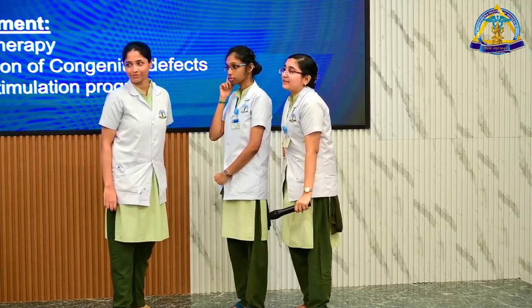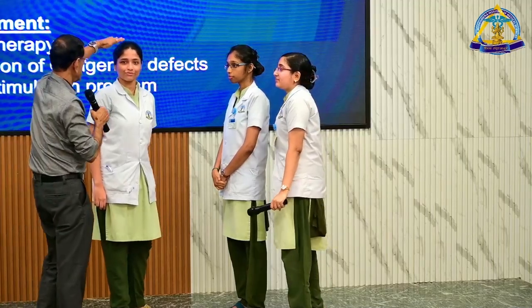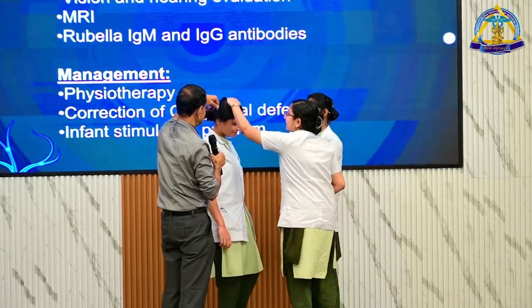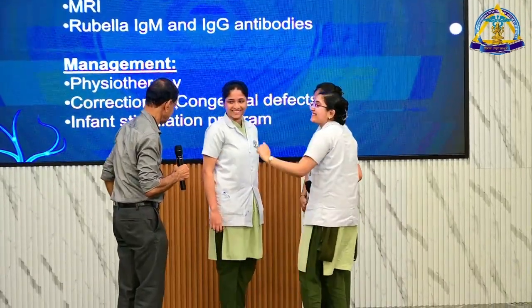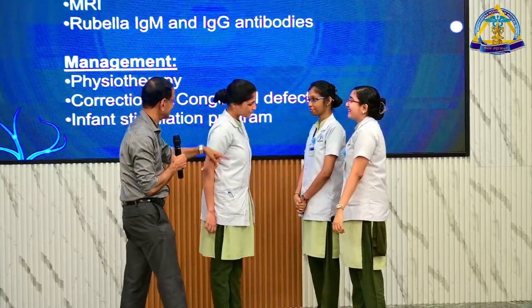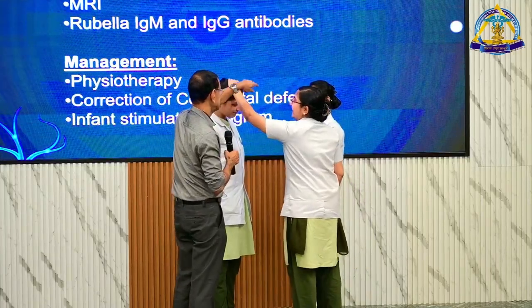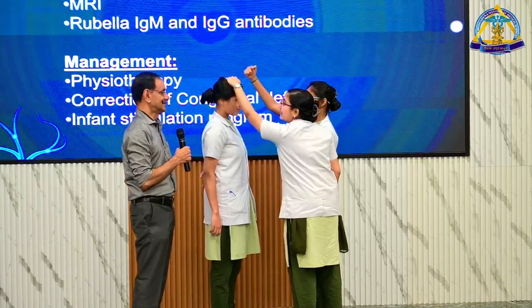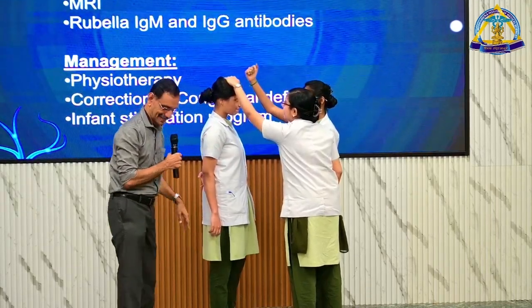So you show. Somebody must hold the head down. You hold the head down. Yes. Now look. Now ask her to look up. Yes. Now she cannot look like this. Only the eye can. Okay. Next.